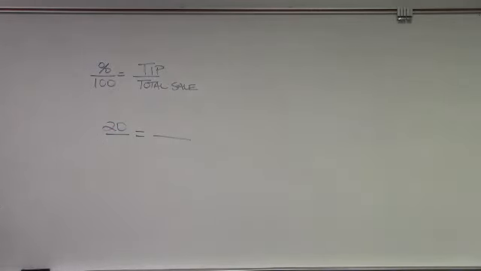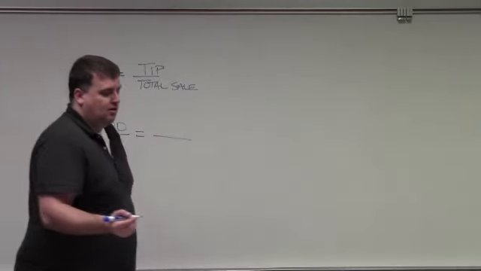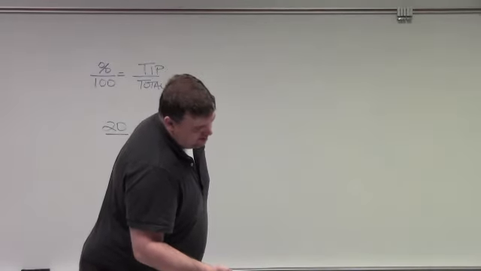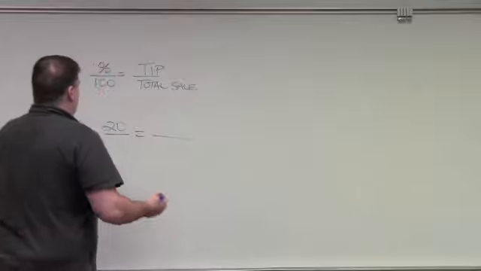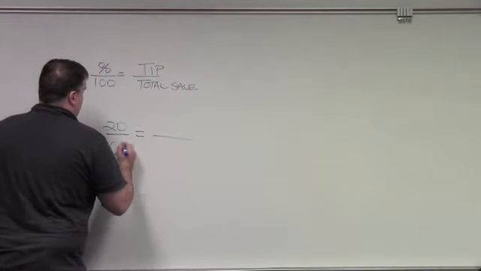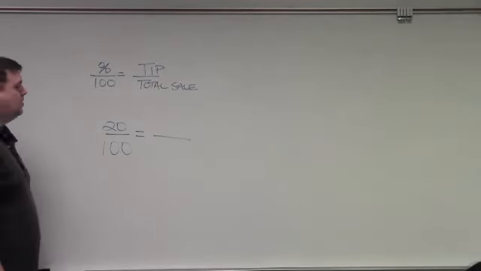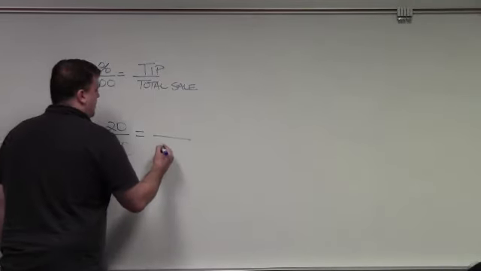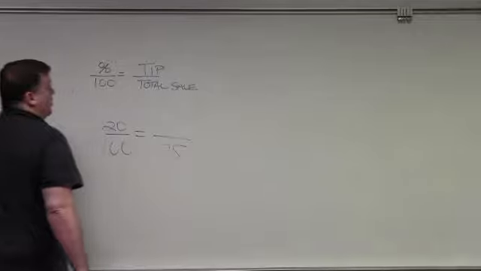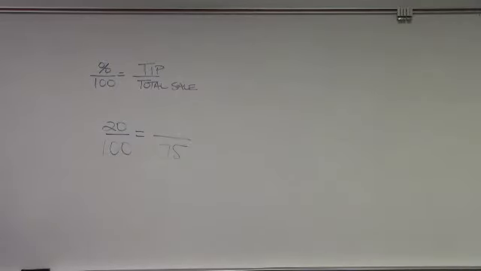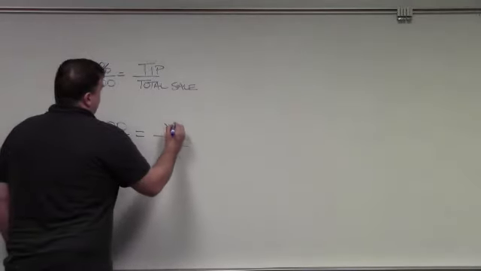Now the meal costs $75 before the tip. So where's that $75 going to go? Bottom. That's the whole part of the meal. So what we don't know is how much tip he left.